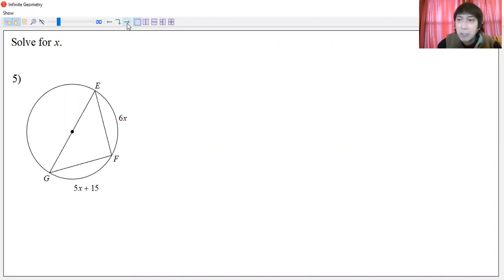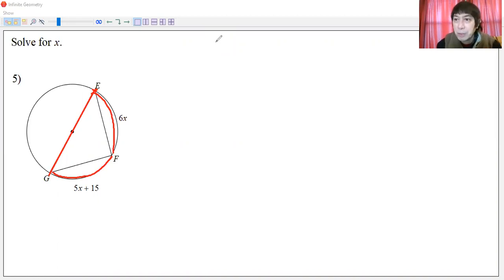All right, we can see a diameter, okay? Diameter creates a half circle, okay? That means this is a half circle there. And we have the arc over here. This arc plus this arc is equivalent to 180, okay? Half circle, okay?